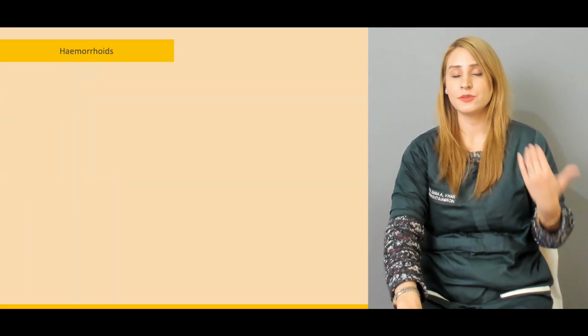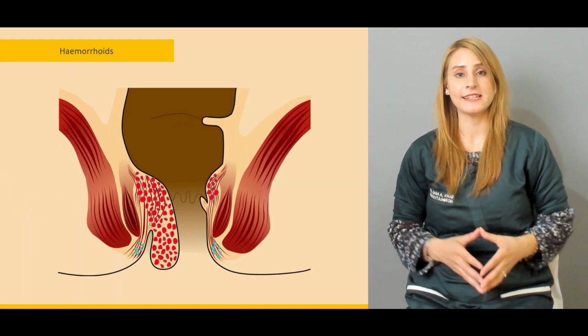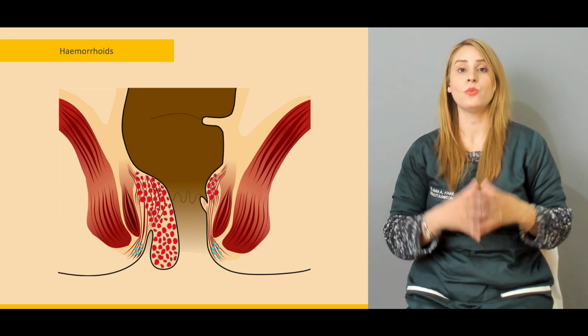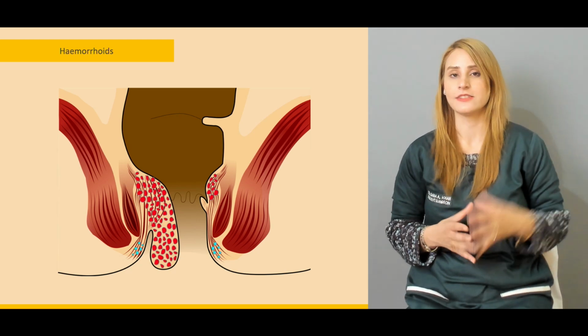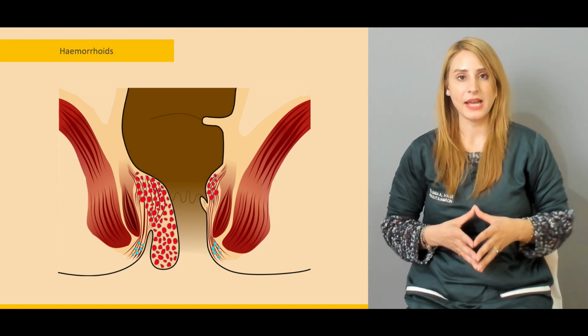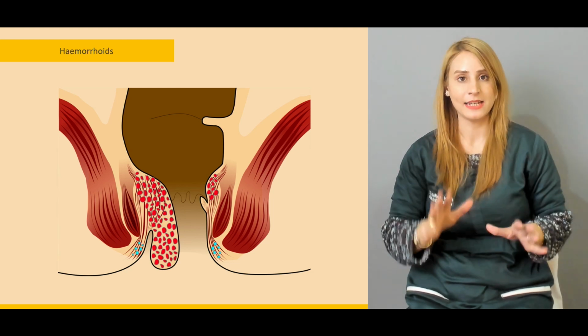But to get into the detail of today's lecture, you should know what the normal anatomy of the anal canal is. So the first thing we're going to talk about today is the normal anatomy of the anal canal.